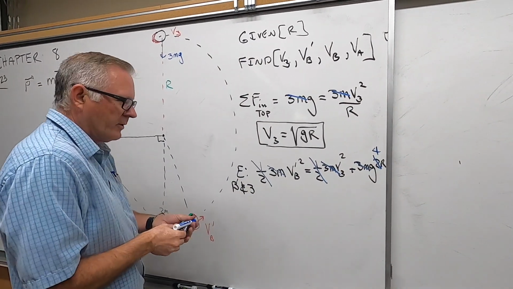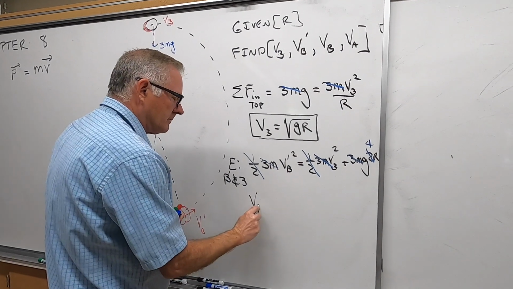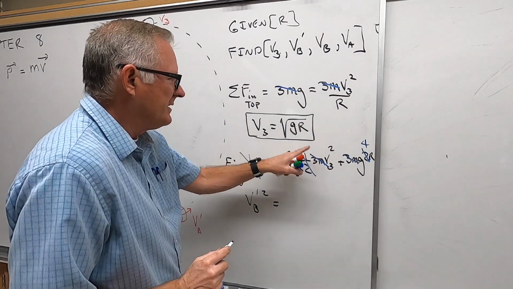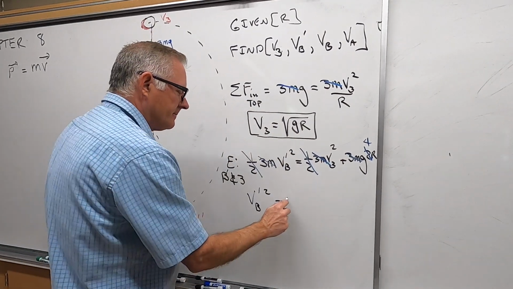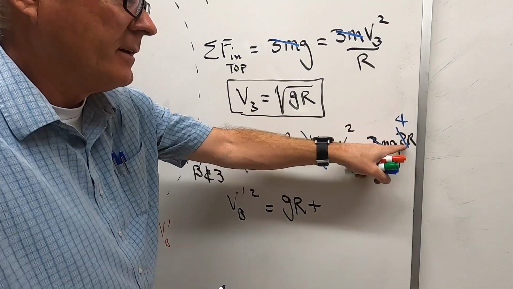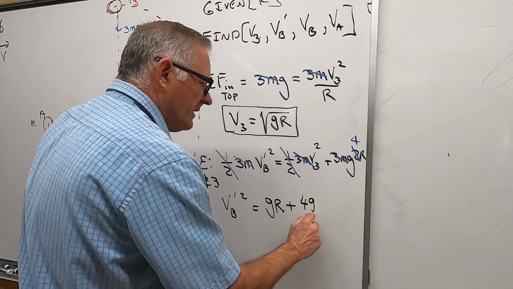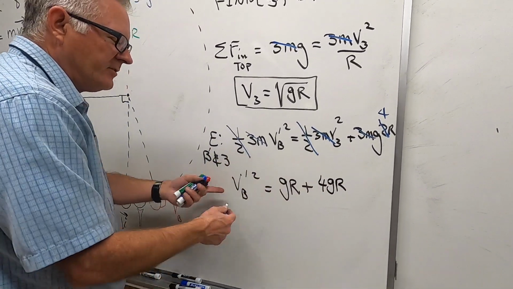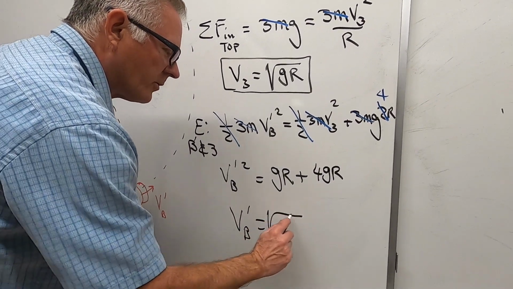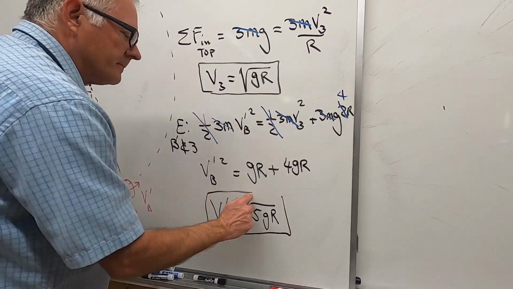And so we're left with VB prime squared equal to V3 squared, that's just gR, plus 4gR. So this is just 5gR. Just take the square root. So now we have VB prime, which is equal to the square root of 5gR.